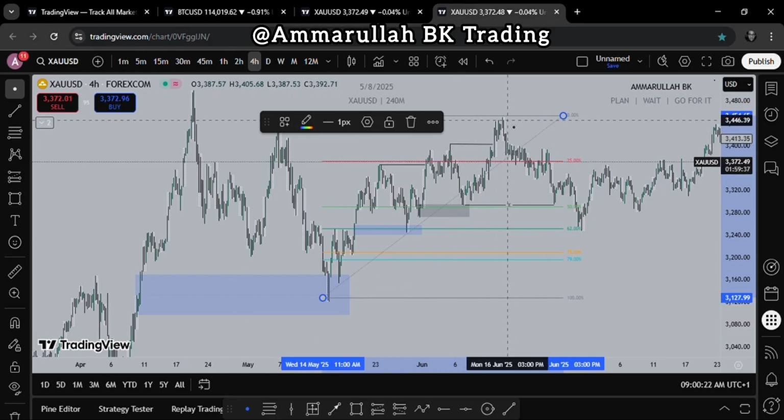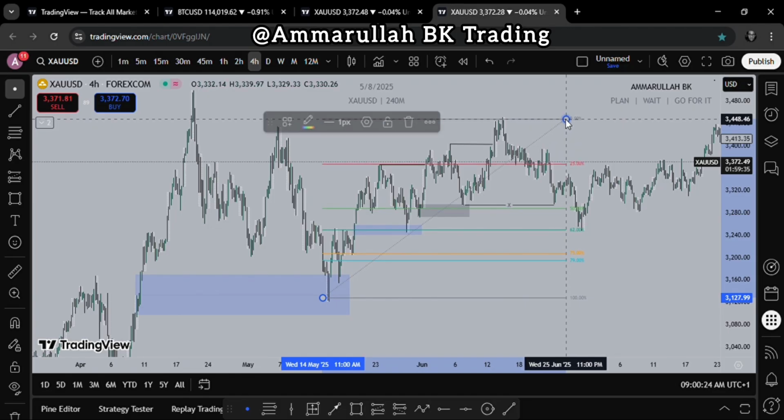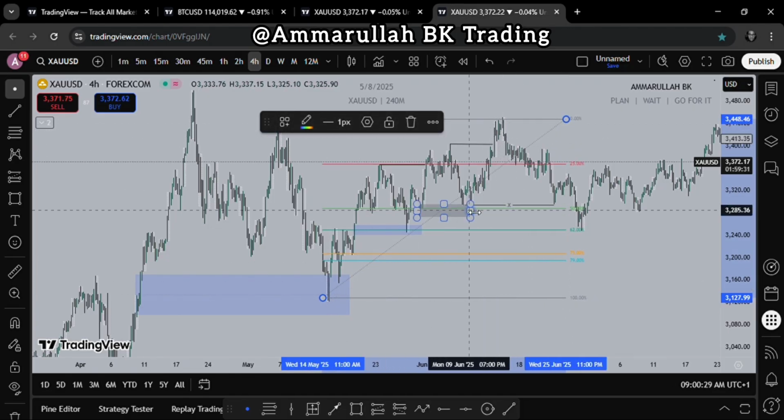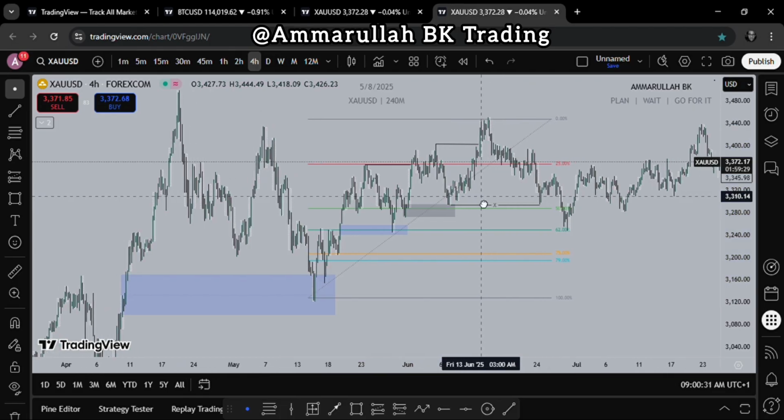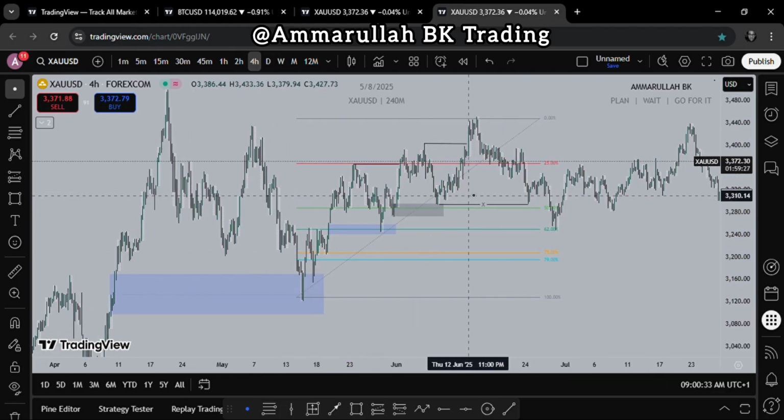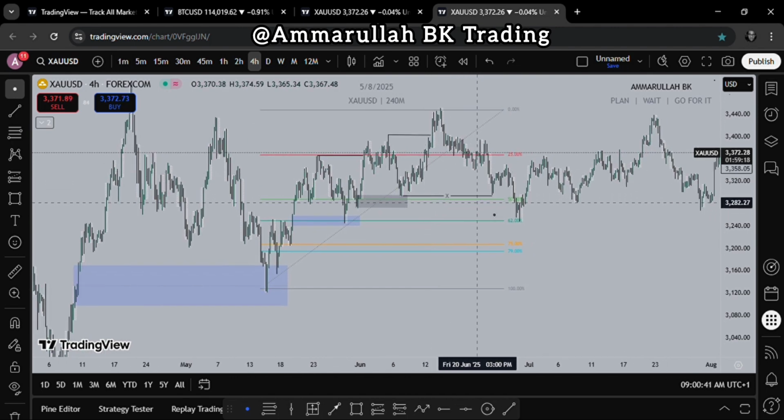So we are going to measure from this low to this high now, and see where is the equilibrium or the discount level, right? So after making this high, the price sold down below this equilibrium, below this inducement level, to offer a discount price range to the marketplace, right?